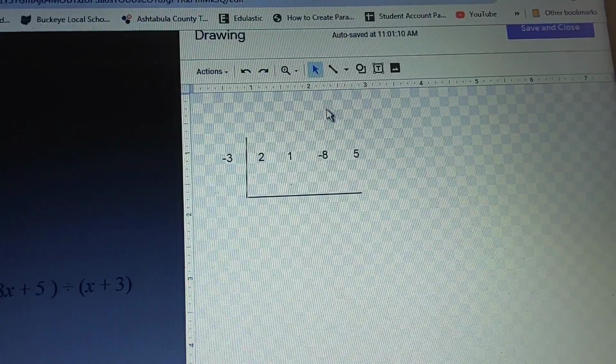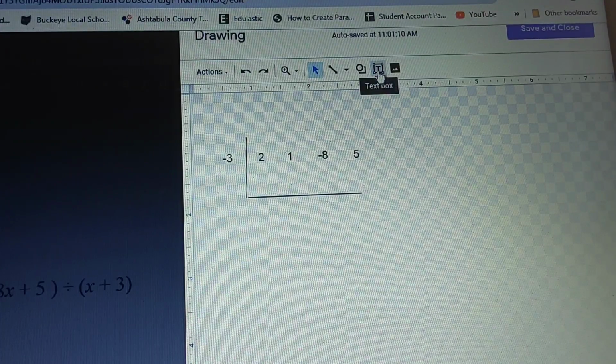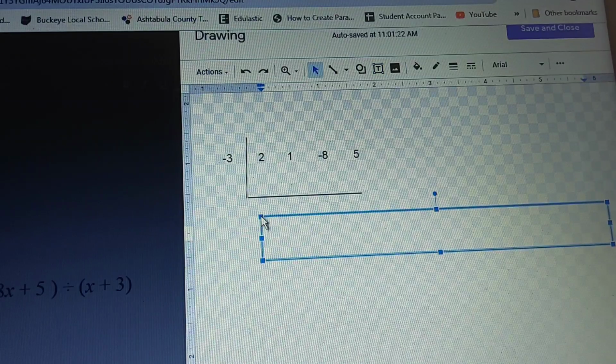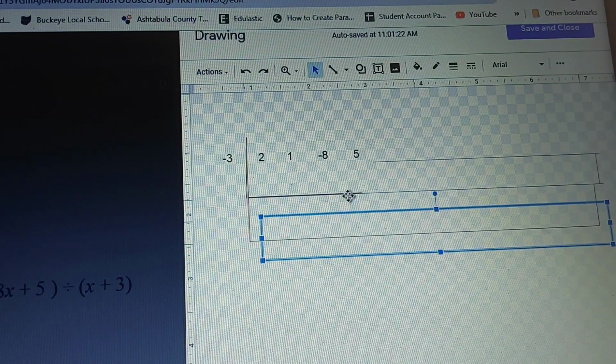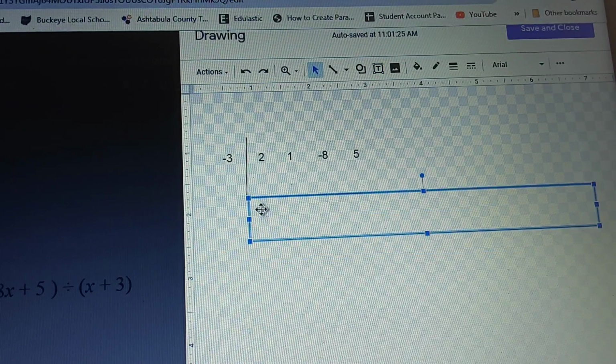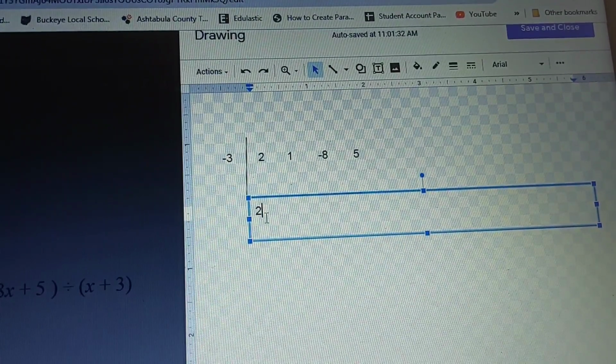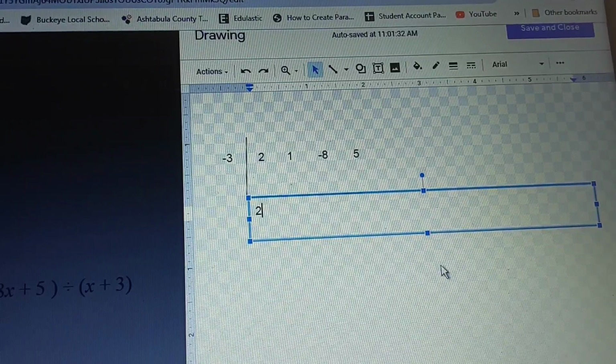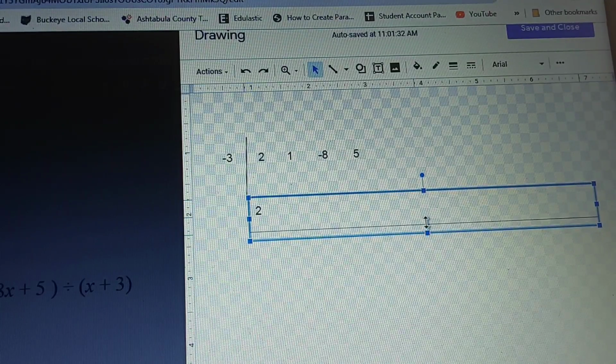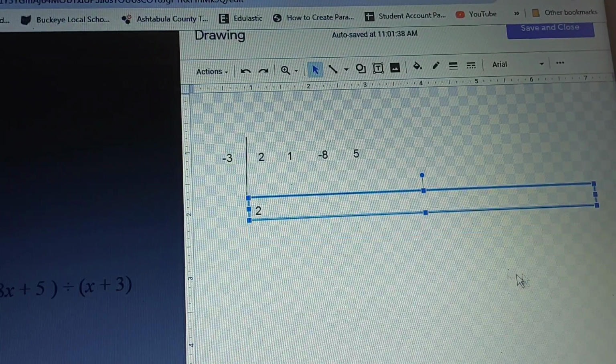Okay, now we're going to do that again. Okay, we're going to put one box under here. So the first thing I do is take the 2 and I bring it down, right? So I'm going to type a 2 in there. I'm going to make this box smaller. I know I don't need that long of a box.